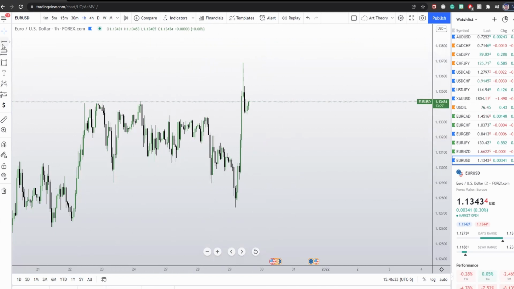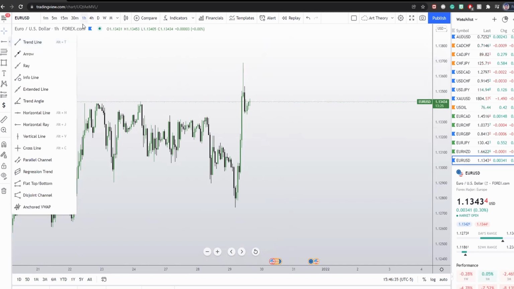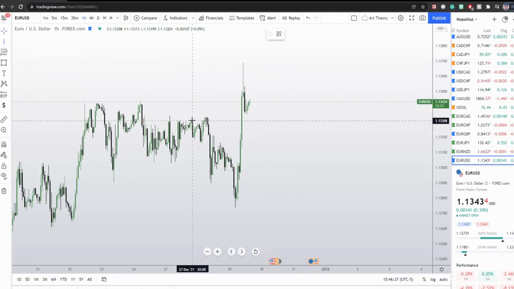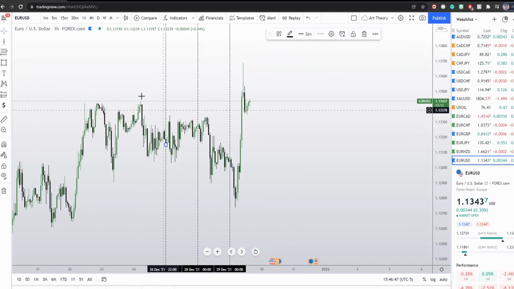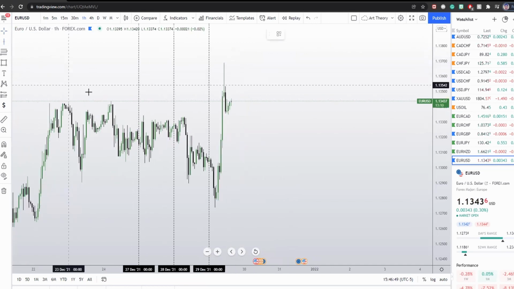Okay, so the first thing I want to do, right? I'm on the 1 hour, obviously. So I like to just break down my midnight New York, and start putting these sections on a chart so I can see where the daily lows and daily highs were.